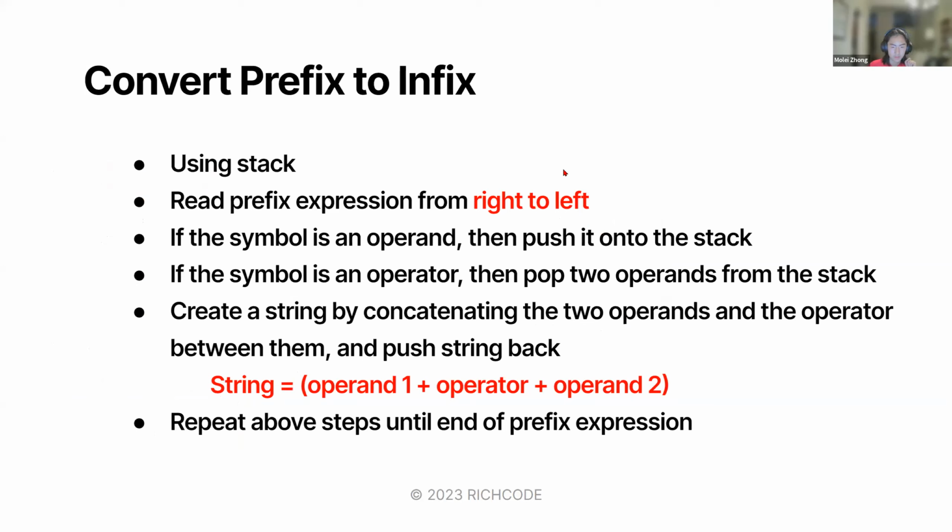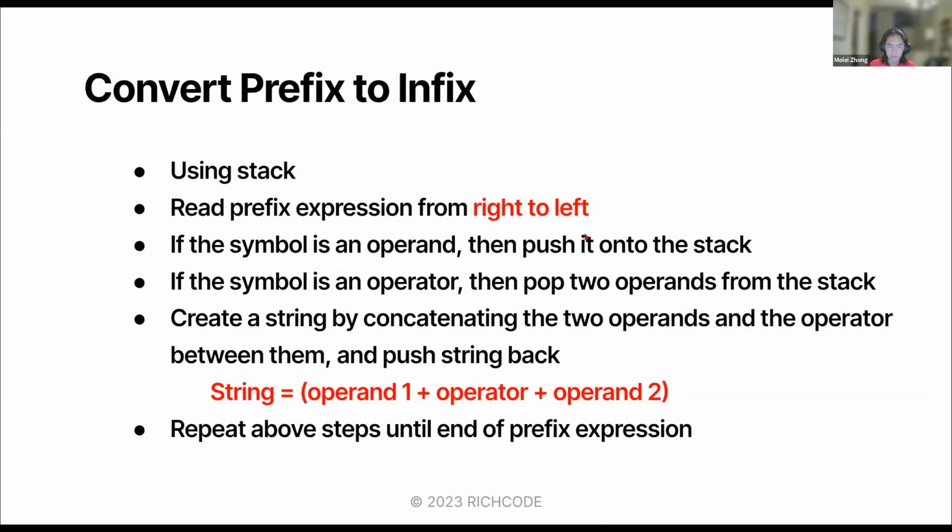If the symbol is an operand, then you put it in a stack. And if it's an operator, then you pop the two operands from the stack, and then you combine them together using the operator. And then you put it back onto the stack. And just repeat this until everything becomes one term in the stack.